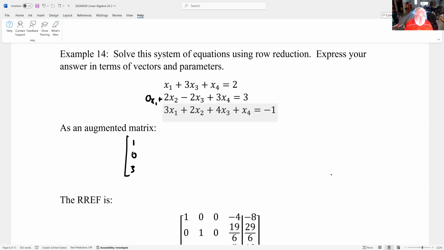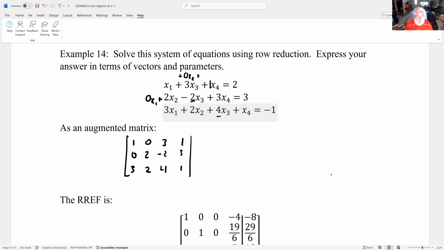There's no x2 here, right? So we need to have a 0 there for my x2s, a 2 and a 2. My x3s, I've got a 3 and a -2 and a 4. And for my x4s, I've got a 1 here and a 3 and a 1.